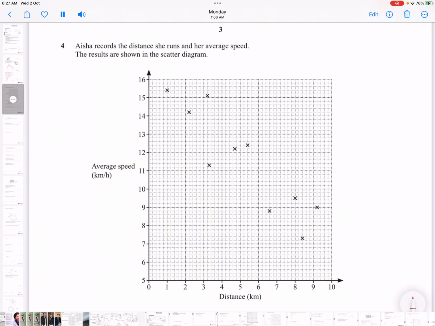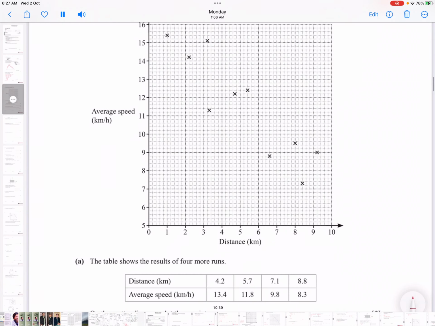Question number 4 is a scatter diagram. In part A, the table is given the distance and average speed. Each small block is like 5 minus 4 divided by 5, which is 0.2.